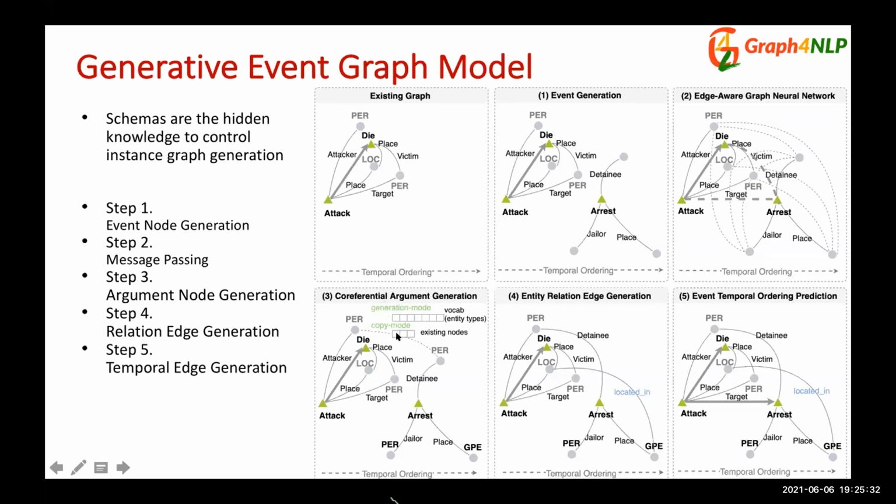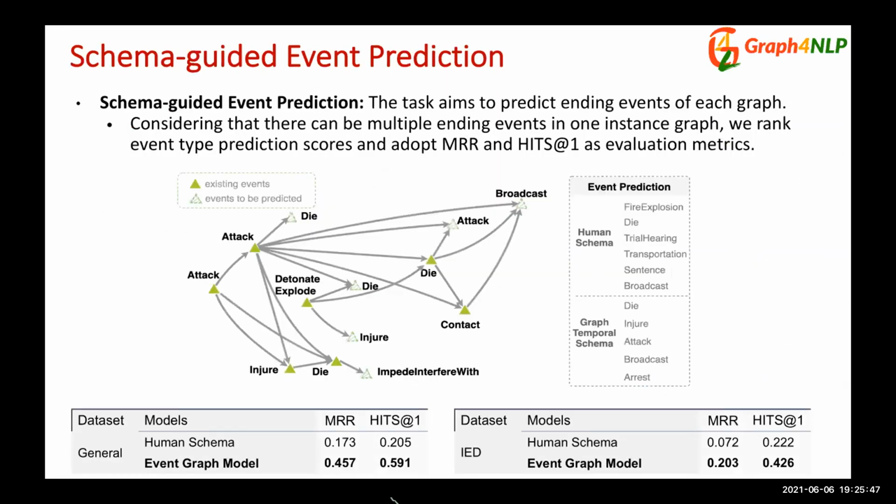And then we can predict the edge connecting two entities involved in these two events and their relations. And then finally, we can predict the temporal order, whether this event happened before or after the previous event. So you can think of this as an event generation model starting from a few nodes and then growing incrementally until it covers all the possible scenarios.